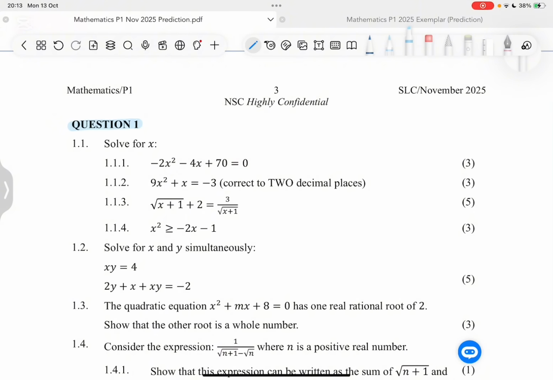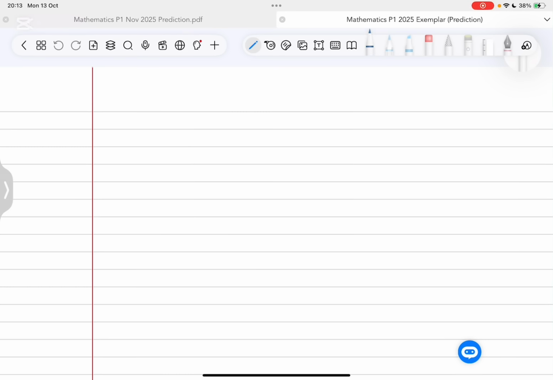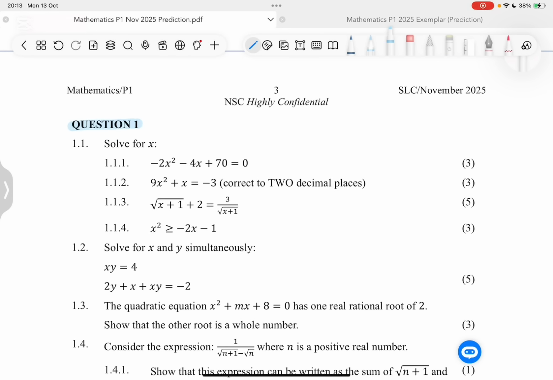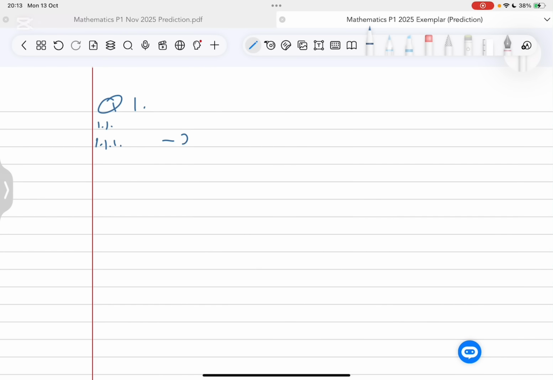Now they say here that under 1.1.1, so we are doing question 1, we're looking at 1.1, and under 1.1.1, we are given an equation here, which is a quadratic equation defined by negative 2x squared minus 4x plus 70 is equal to 0.